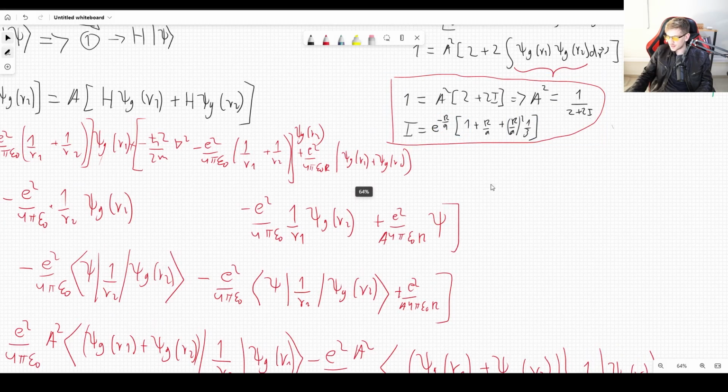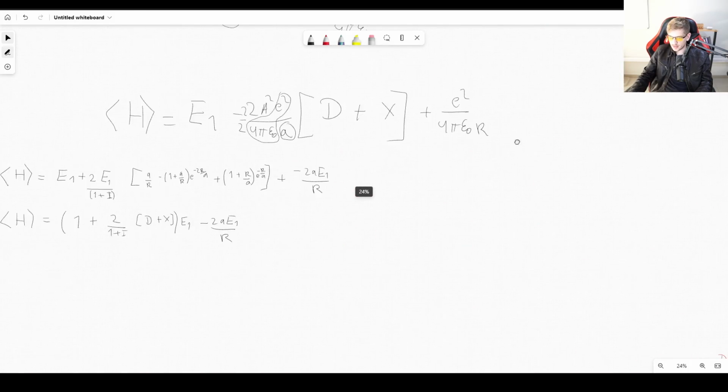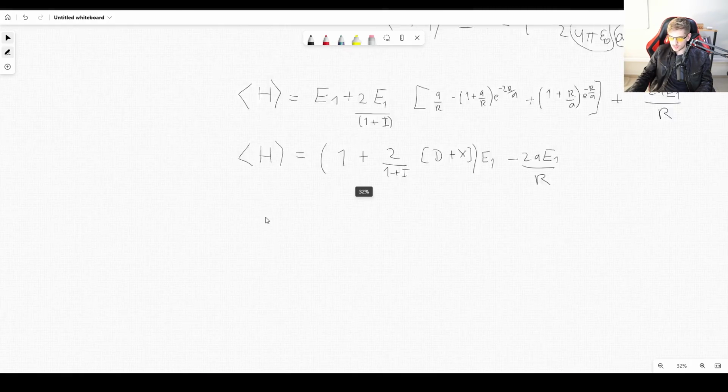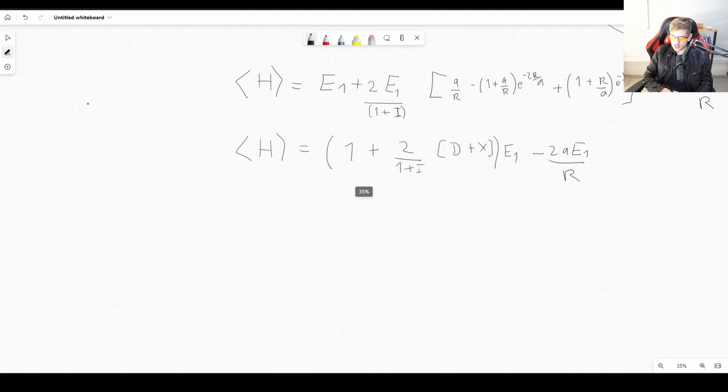I is this thing, e to the minus r over a. So I'm going to write it here. I is e to the minus r over a, 1 plus, I think it's r over a plus r over a squared times 1/3, or was it the other way around? Let me check. So I is, yes, it is this.